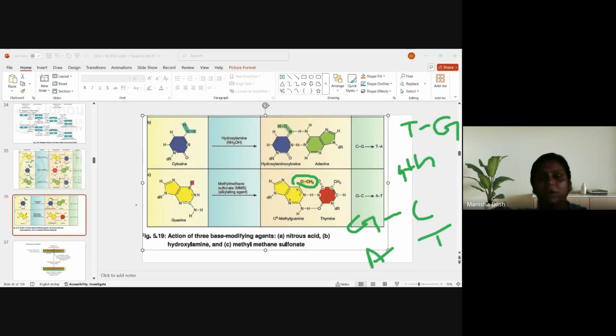These base modifying agents are called alkylating agents. They are donating an alkyl group, like an ethyl or methyl group, to the DNA base. That is why they are called alkylating agents. So they can induce both AT to GC and GC to AT transition mutations.